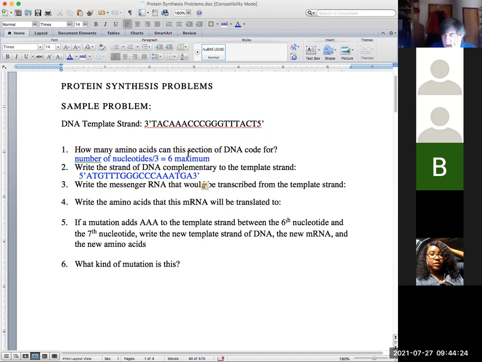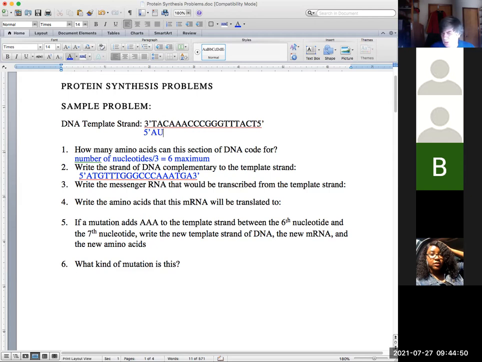Write the messenger RNA that might be transcribed from this. Well, if we write the messenger RNA that comes from this, the messenger RNA is going to look almost like our DNA did. So it's going to be A, but now remember, RNA doesn't have a T, it doesn't have thymine. So what does A pair with?